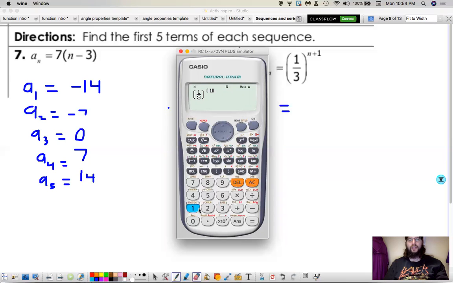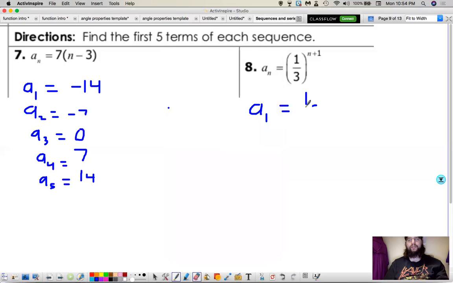Power n plus 1. 1/9. These are just going to be fractional powers of 3, right? So next up is going to be 1/27, then 1/81, and then whatever after that, because I don't know what power of 3 after that.